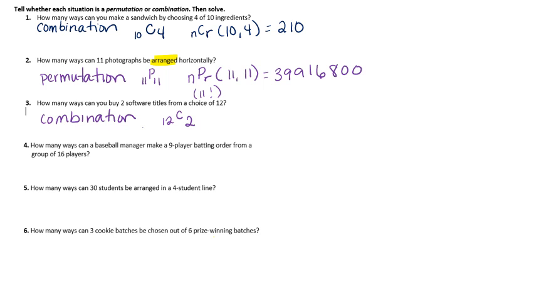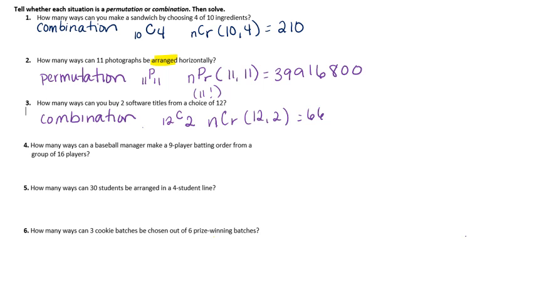When I type that in the calculator, I'm going to select this, type in 12 and 2, and that's going to give me 66.